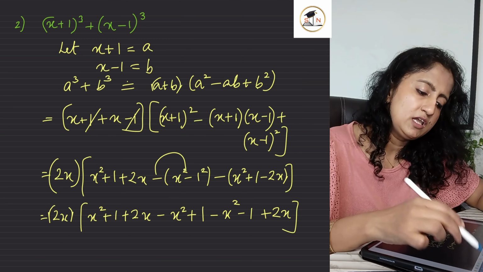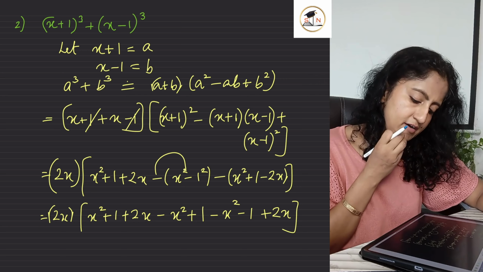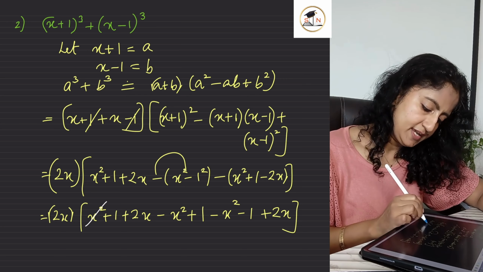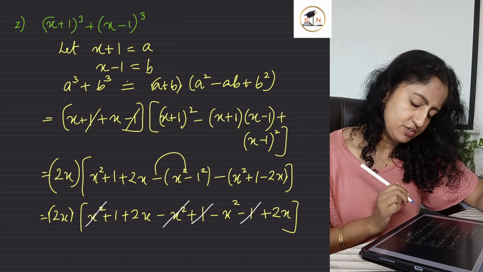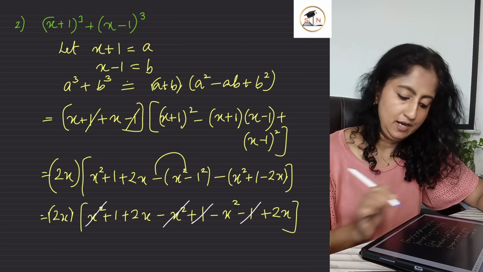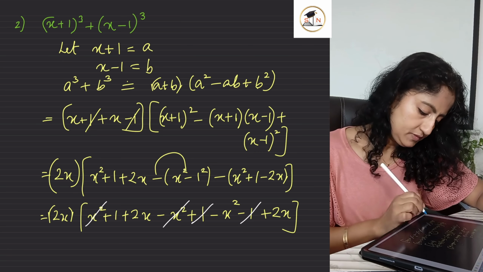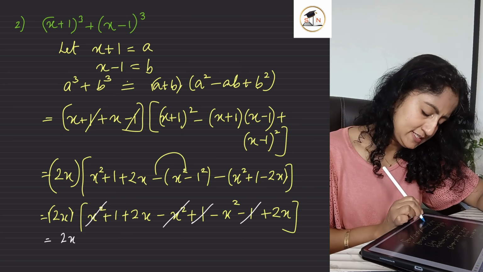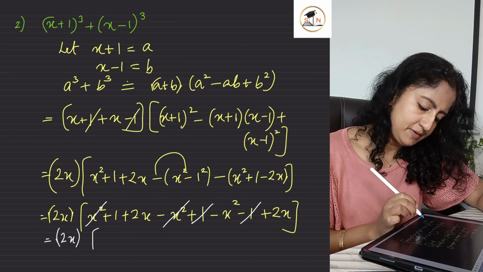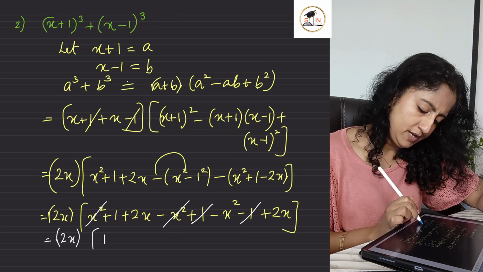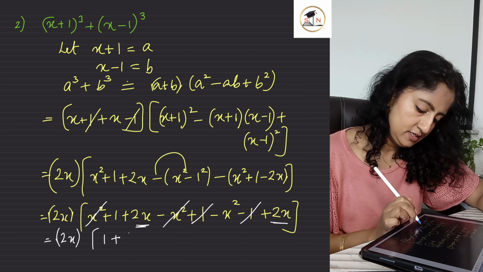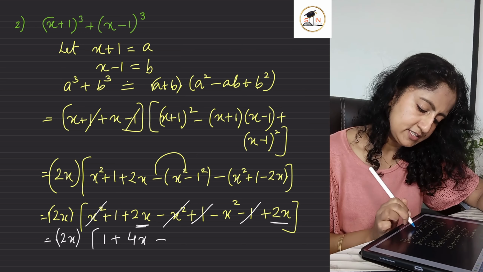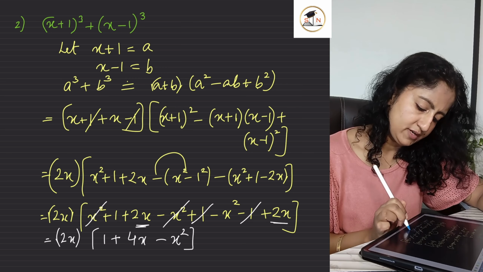And now we will see which terms are ready for cancellation. x square, finished. 1, 1, finished. And yeah, that's all, right? So what do we have? 2x outside. Now in the second bracket, we have 1 plus 2x and 2x getting added, so 4x, and last is minus x squared.